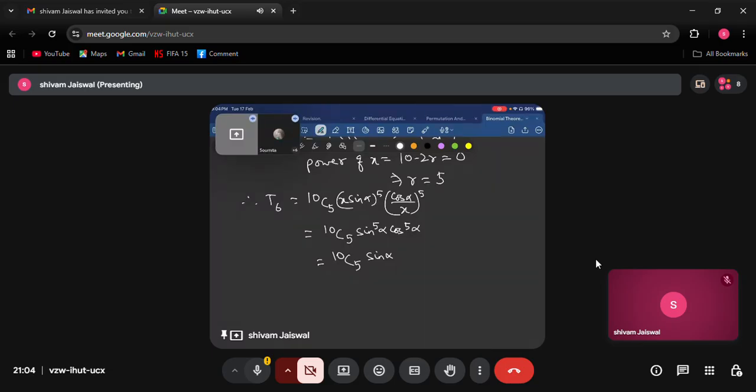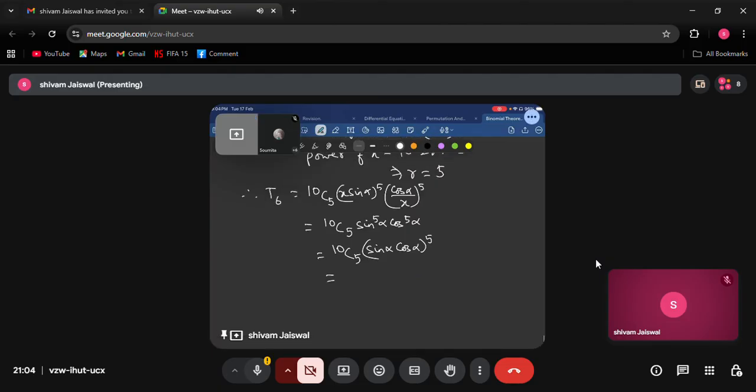Yes. Shwamita, what you do is, first of all multiply them. You'll get (sin alpha into cos alpha) whole to the power 5, right? Yes, sir. And then your task is to convert this into a single trigonometric ratio. Can I write it as 10C5 into 2 sin alpha cos alpha?